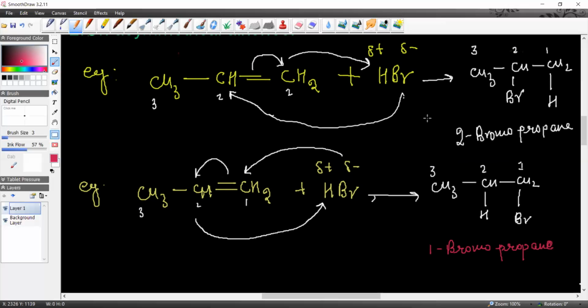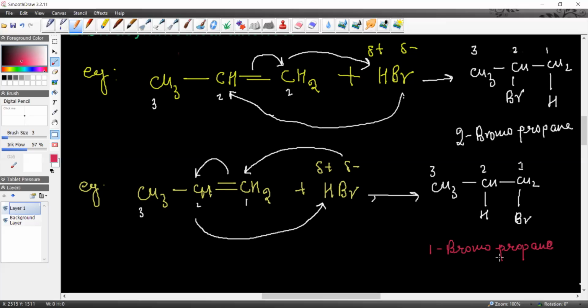As you clearly see from both these examples, if you attach the negative part of the HBr to the second carbon atom, you will get 2-bromopropane, and if you attach the bromine atom to the first carbon atom, then you will get 1-bromopropane.